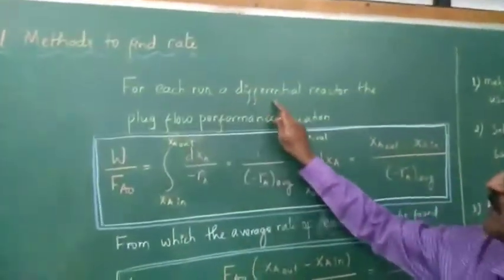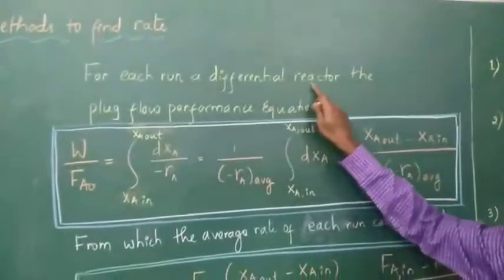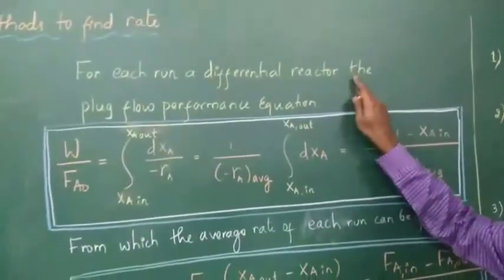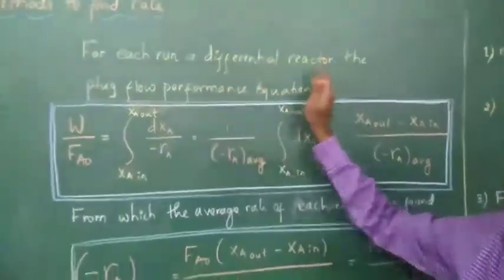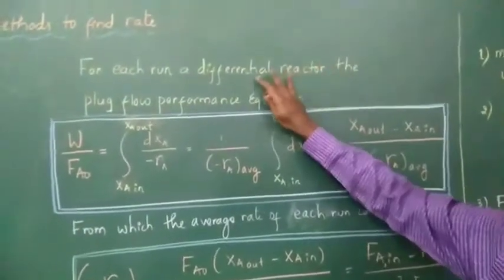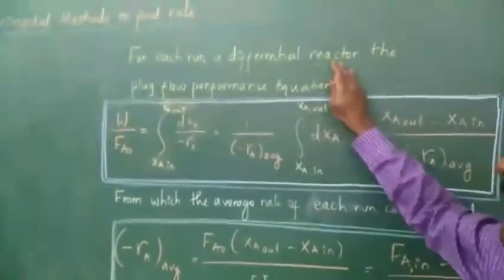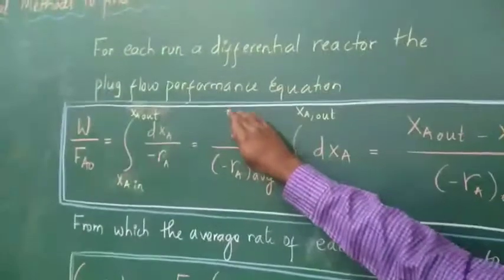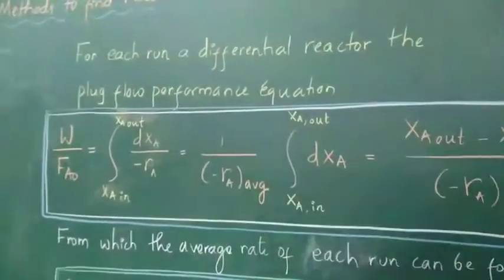For each run of the differential reactor, we have to use the equation of plug flow performance.